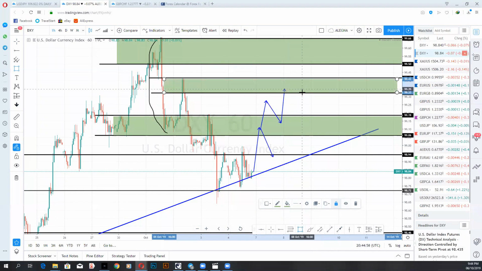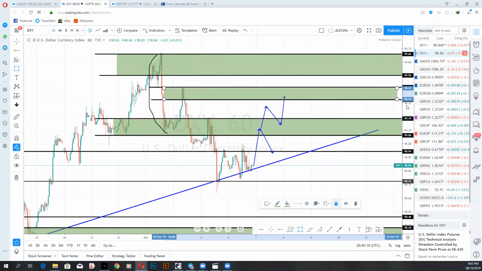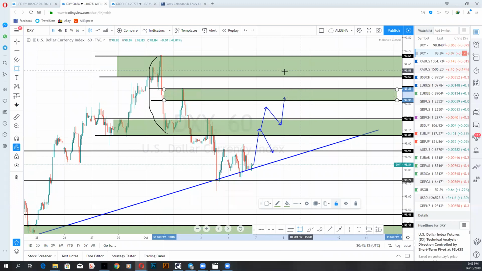Should price break this area, close above it and retest it, if it serves as support, then we may see price have the first resistance structure, followed by this upper area. These are areas we need to watch out for on the dollar index.